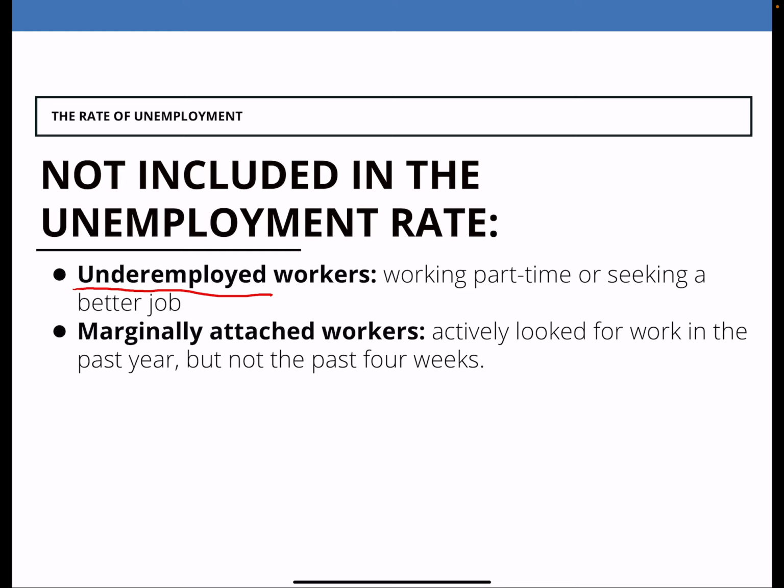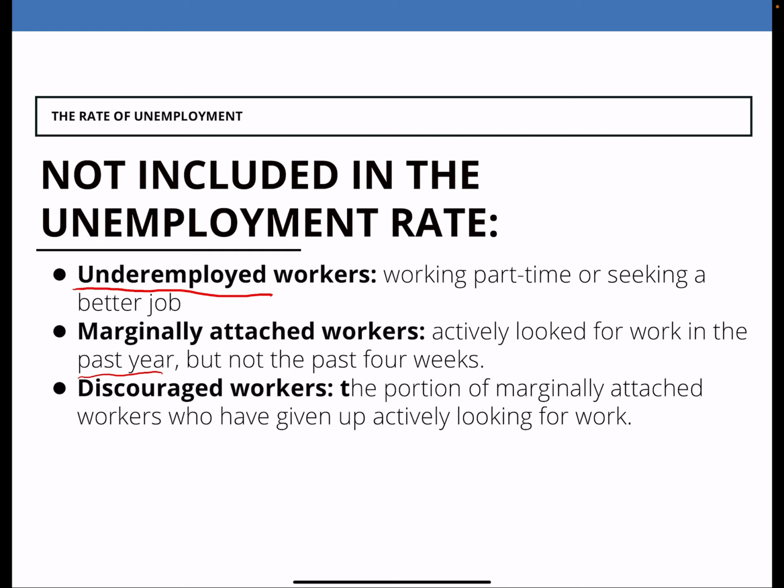If you have actively looked for work in the past year, but not the past 4 weeks, we say you're a marginally attached worker. If you go to the Bureau of Labor Statistics, at any given time there's actually more than one unemployment rate, and it defines the different ones and tells you which groups are included or not included in the different rates. I mentioned this as well in the first video.